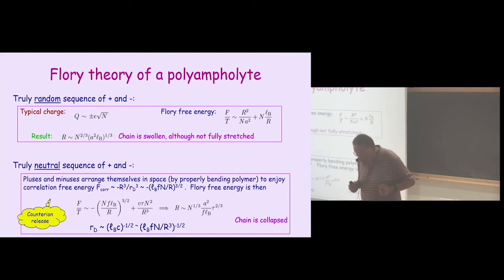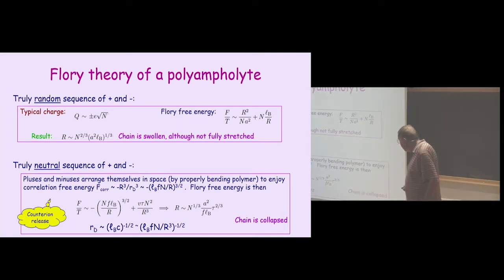It's neutral. And you know that pluses and minuses are able to arrange themselves such that their energy is negative. They have correlation energy, which is negative. They enjoy the company of each other, and they are able to correlate themselves such that their energy is negative.